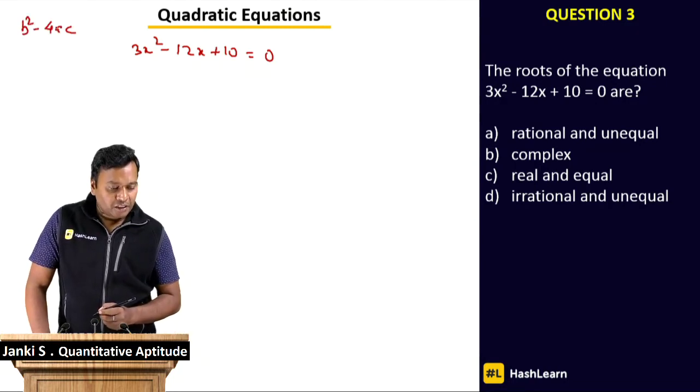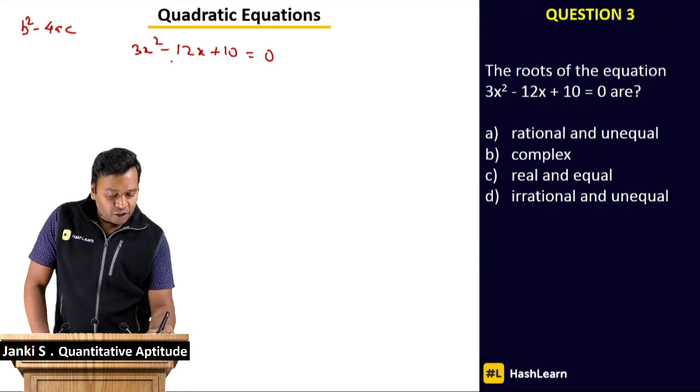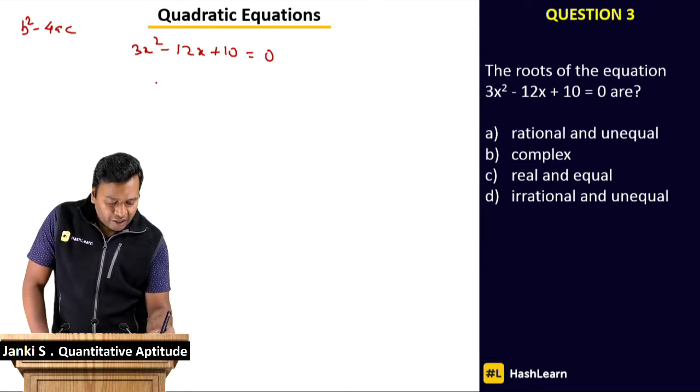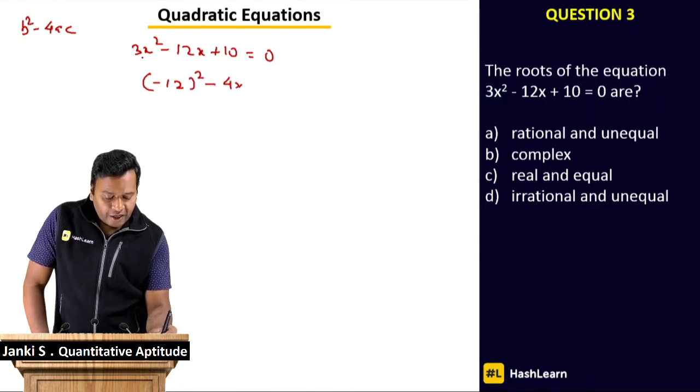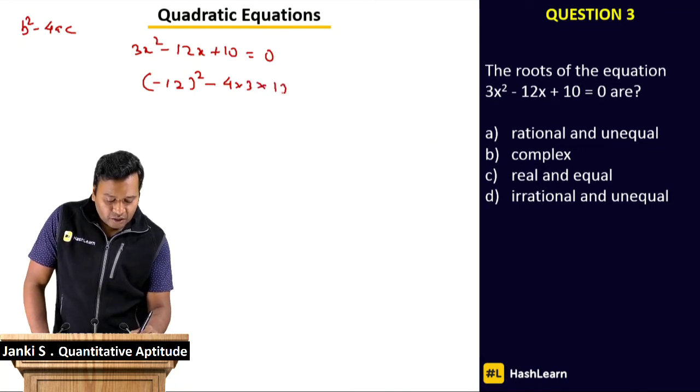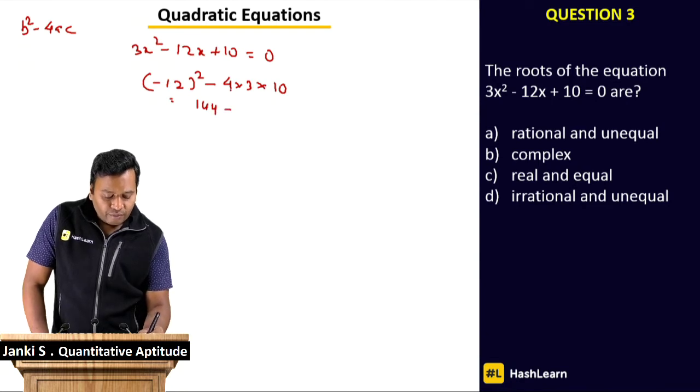Now what is b in this case? B is minus 12, but the minus sign does not make any difference. So let's take minus 12 whole square minus 4, a is nothing but 3 and c is nothing but 10, right? So that's nothing but 144 minus 120, right? So that's nothing but 24.